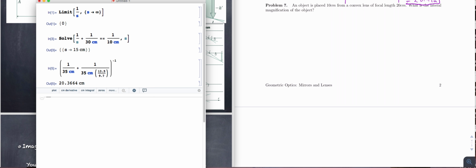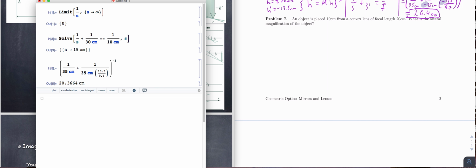Moving on. So problem 7: an object is placed 10 centimeters from a convex lens of focal length 20 centimeters. What is the lateral magnification of the object? Okay, so let's write some things down.